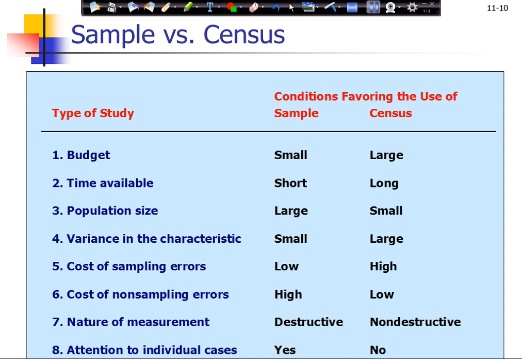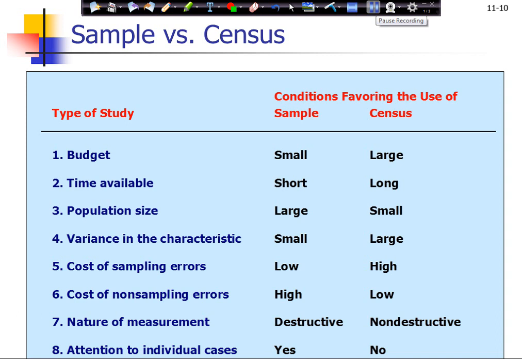So wherever we feel there can be higher inaccuracy in providing responses, we must prefer sample. And wherever we feel there is lower inaccuracy in providing the answers or responses, we must prefer census.